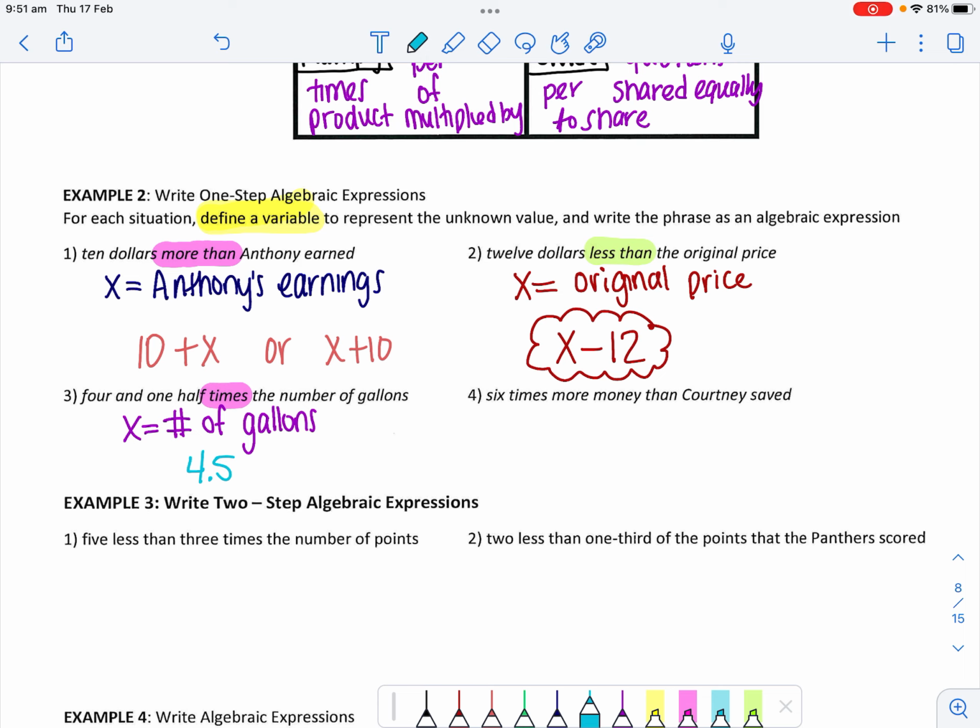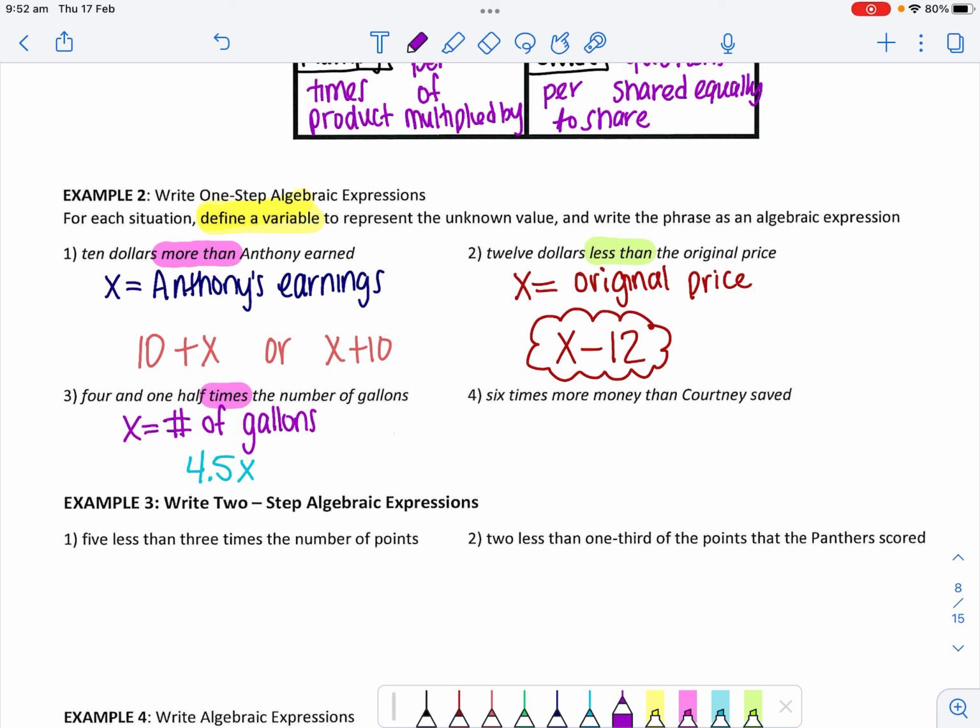And then I'm going to multiply by X. This is the way that you're most commonly going to see it, as 4.5x. Or you can write 4.5 times x, but that could be a little bit confusing with the dot and the decimal. I would not recommend that. And the way that you're going to see it written in general is 4.5x. And you have to just understand that that number and that variable next to each other mean multiplication.